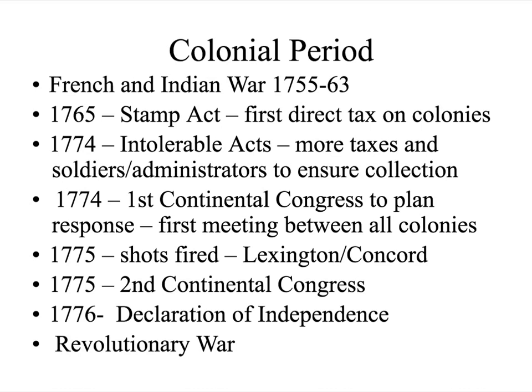Shots are fired at Lexington and Concord, and this paves the way for the Second Continental Congress to meet. And it's that body that authorizes Thomas Jefferson to write the Declaration of Independence, which is then agreed to in 1776, and the start of the Revolutionary War in an official sense.